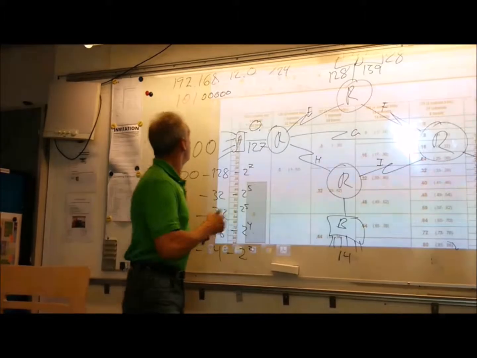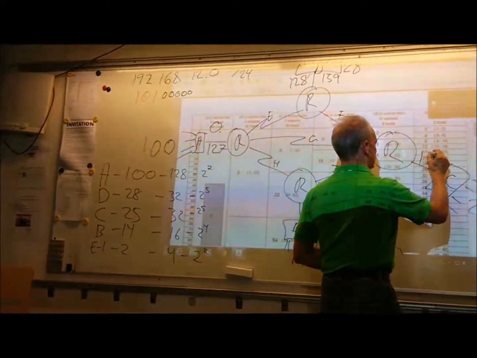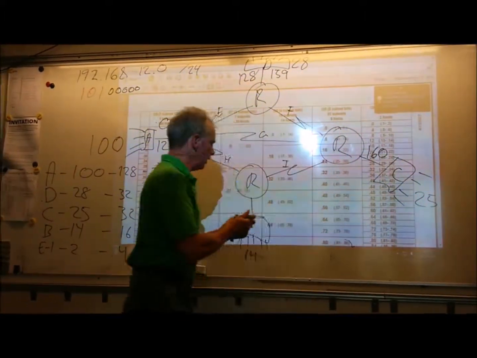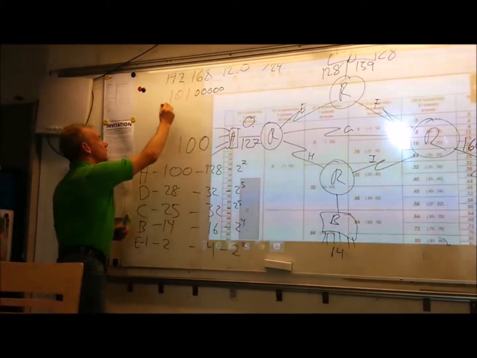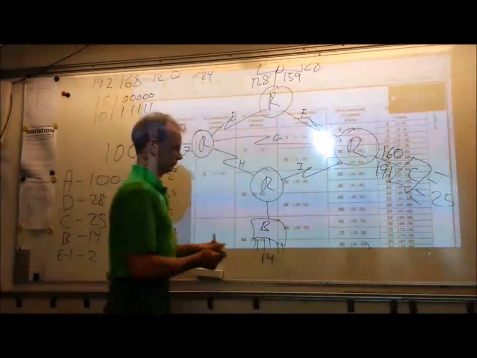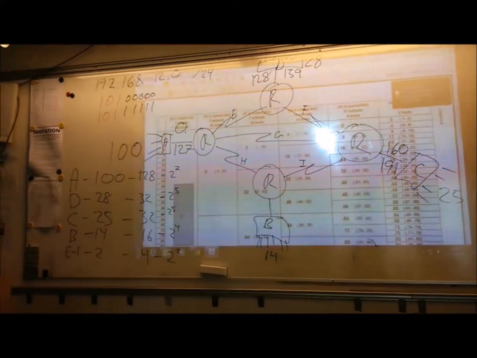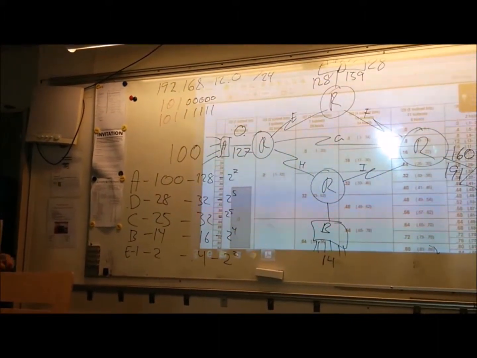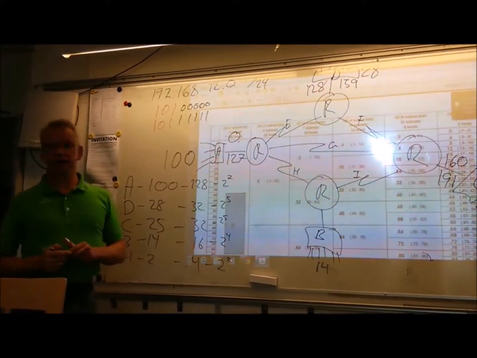Starting address 160. Ending address, same subnet bits, ending address 191. Next network starts on 192.